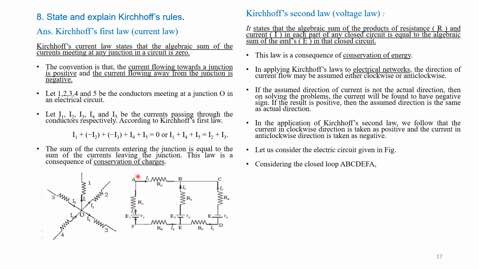So for A, B, C, D, E, F, A, we get I1 R2 plus I3 R4 plus I3 R5 plus I4 R6 plus I1 R1 equals the EMFs in this loop, E1 plus E3.